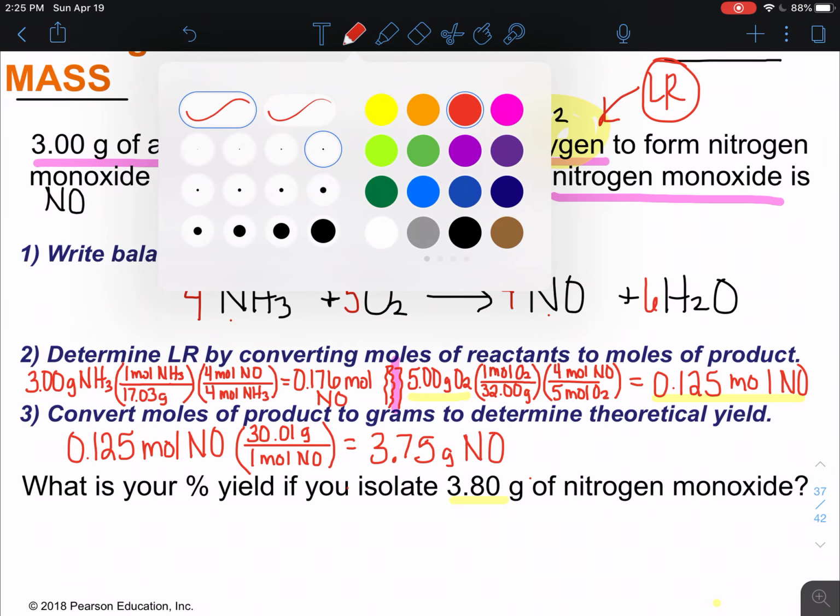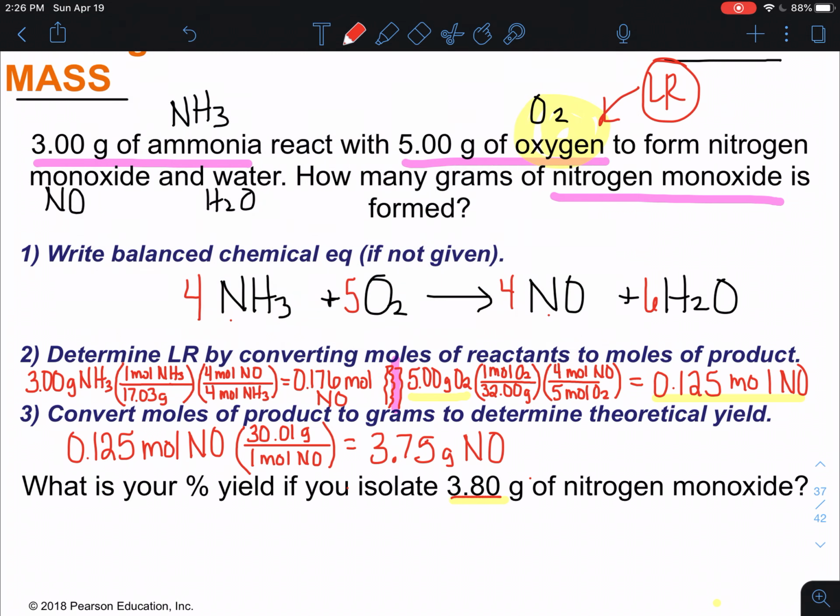But what you're going to do is take your actual, 3.80, and your theoretical, so you're going to take 3.80 grams over 3.75 grams, and multiply that by 100.